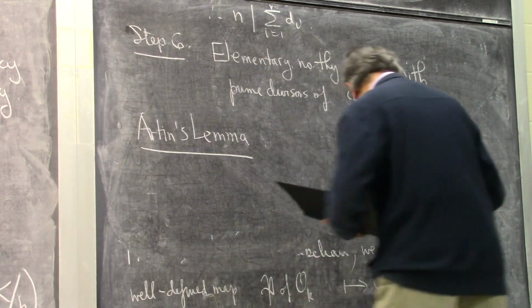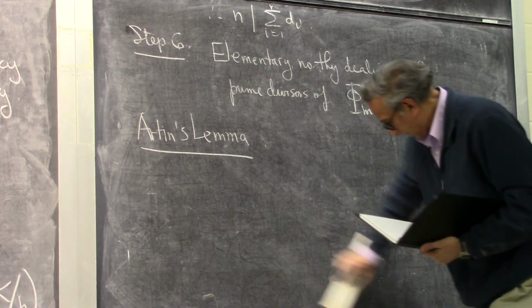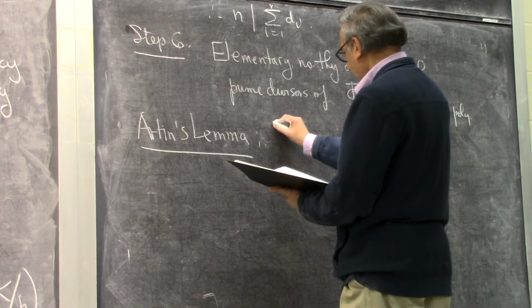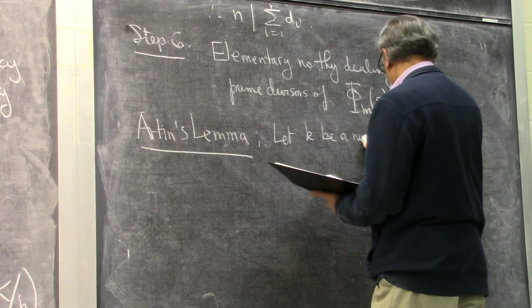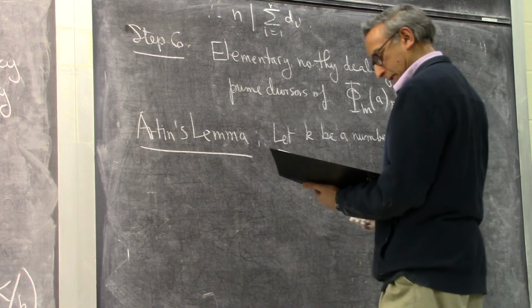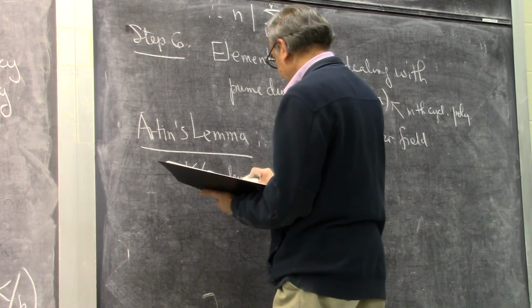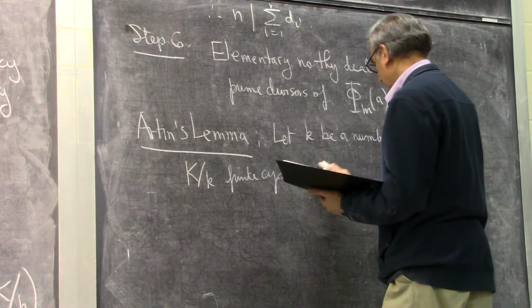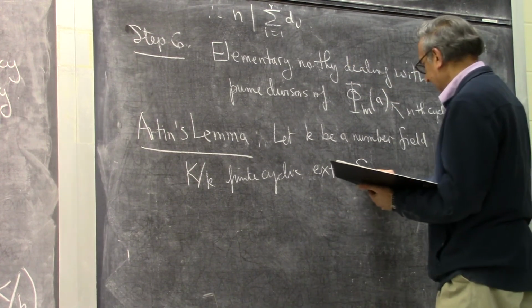Lemma says that: let K be a number field, capital K over little k a finite cyclic extension, S a finite set of primes.